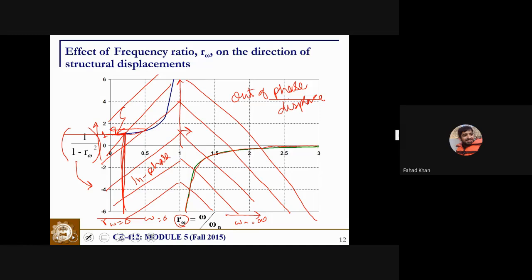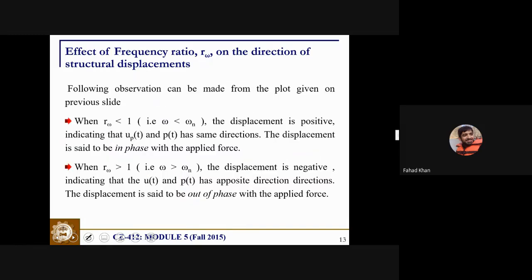What does it mean? It means that during the in phase region, the structure is displacing along the direction of the applied force, and out of phase means that the force is changing slowly, and the structure is displacing against the direction of the force.